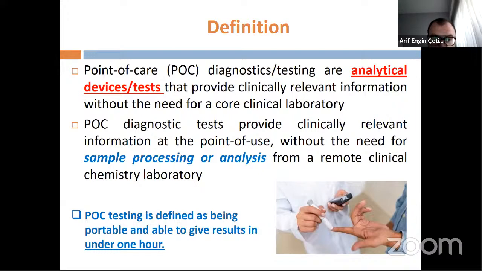These tests provide this information at the point of use, where the patient with the symptoms is, with either no sample processing or sample processing with very easy steps. Ideally, these tests should give you results within an hour.